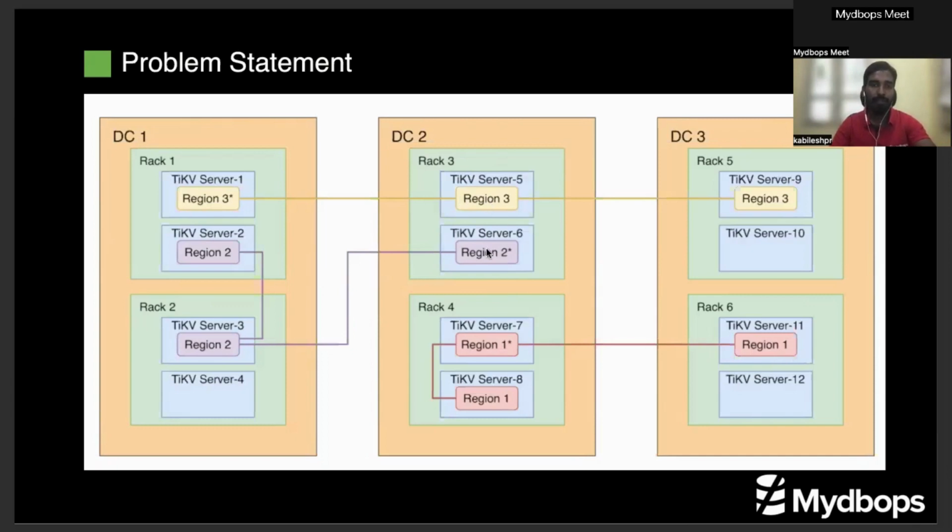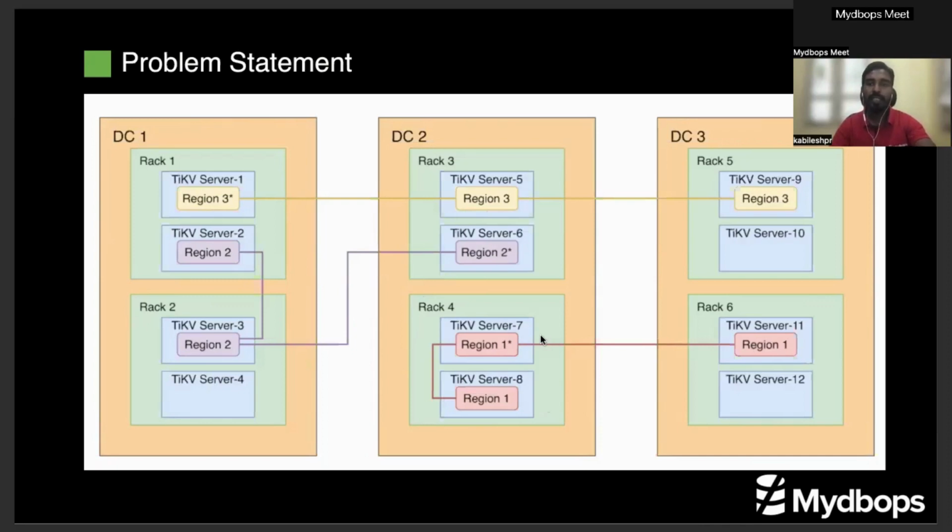For example, when there is a DC failure, say DC2 fails, the region 1 data will become completely unavailable for use. Okay, so this is the problem statement. Not even a DC, even when there's a rack 4 failure, there will be a complete outage of the region 1 data. So data will not be available for the end user. Okay, so how to overcome this situation?